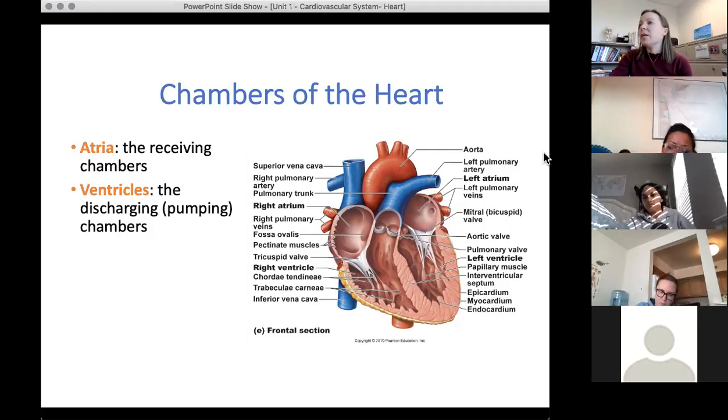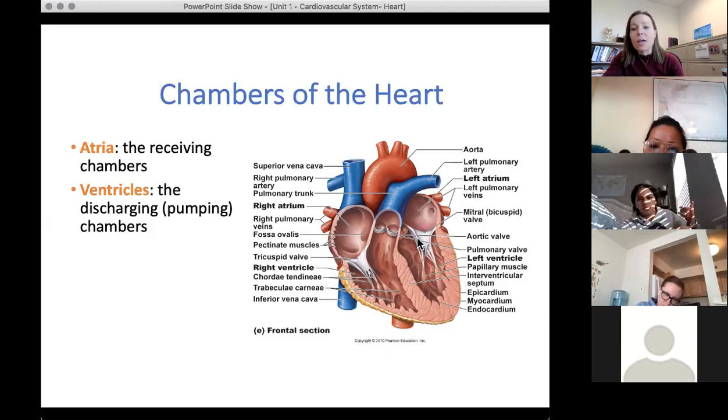The aortic semilunar valve, you can barely see it sticking out, but here's the aorta. The aortic semilunar valve is down here, so it's located at the entrance to the aorta.